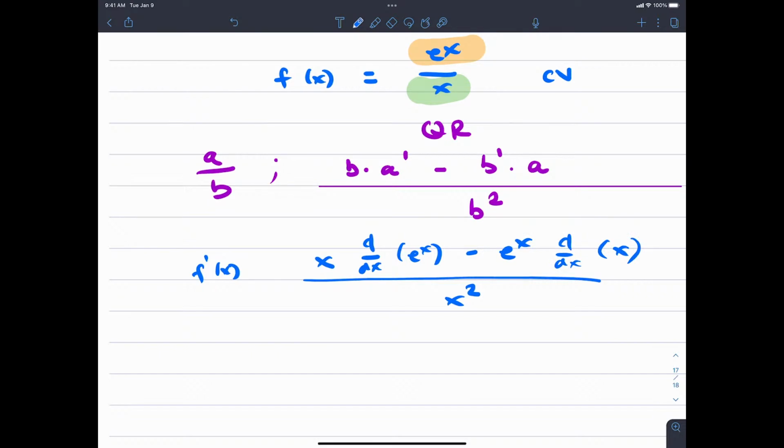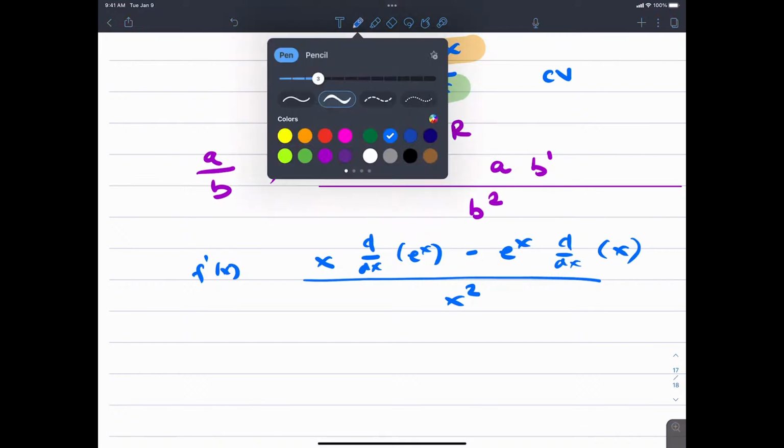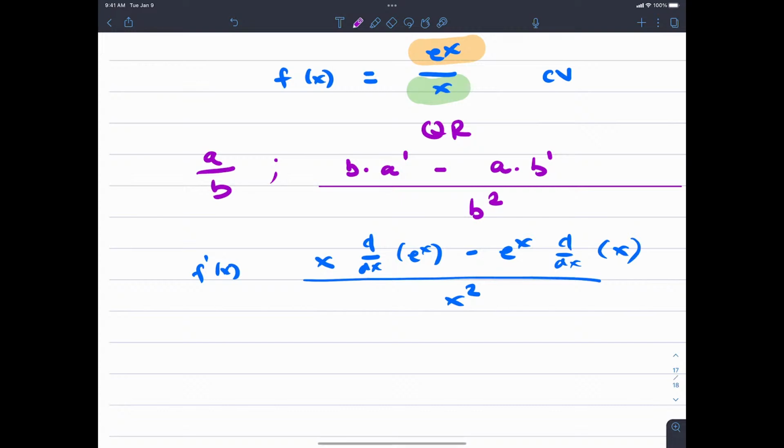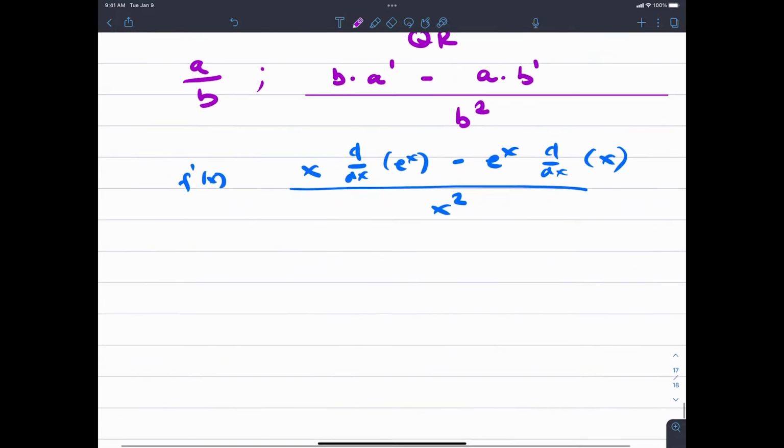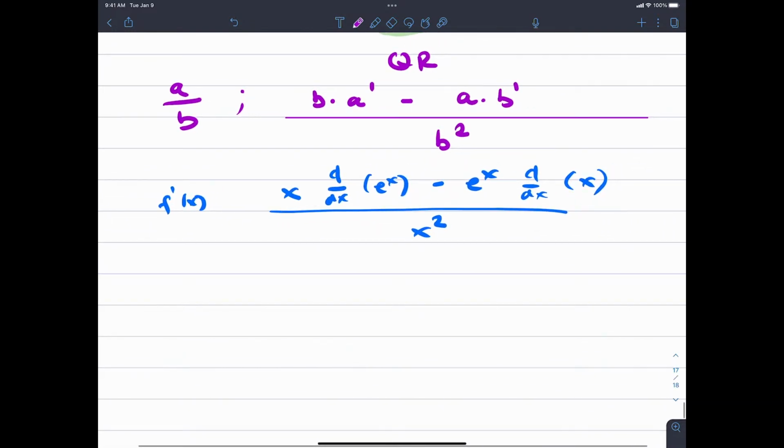So I switched it again on you guys. So now it looks a little bit more like what you were doing there. Okay, you guys okay with that? Here's your quotient rule.